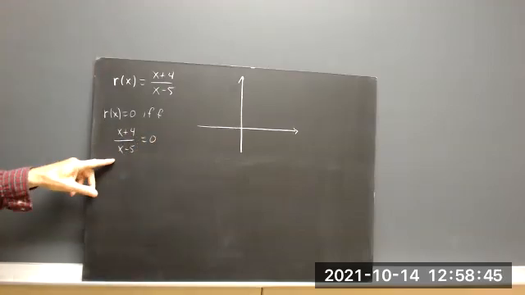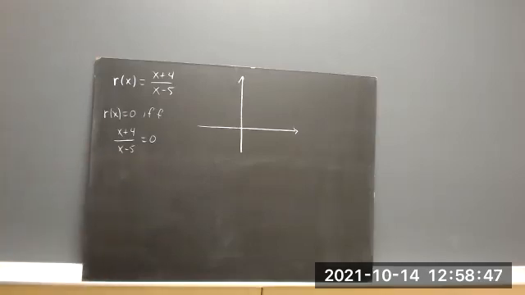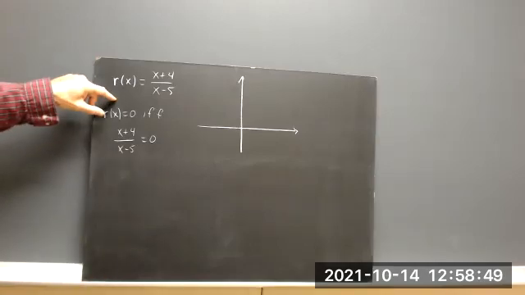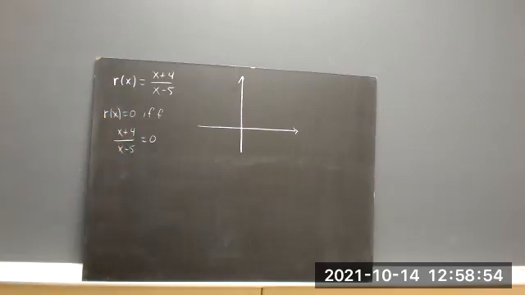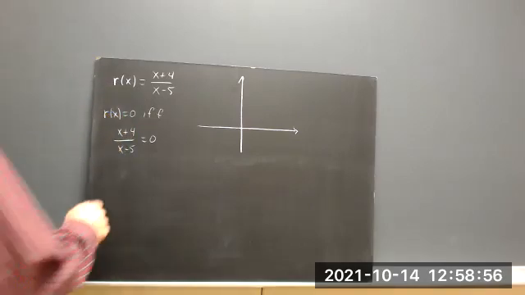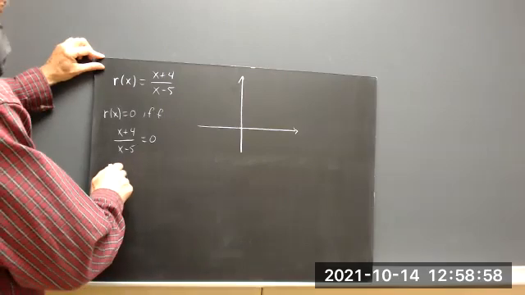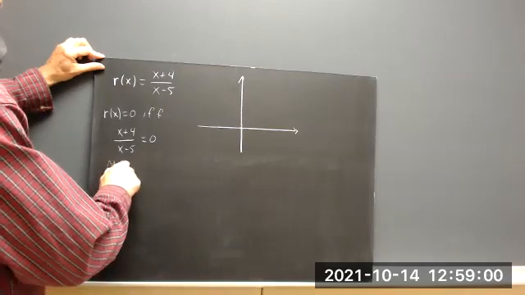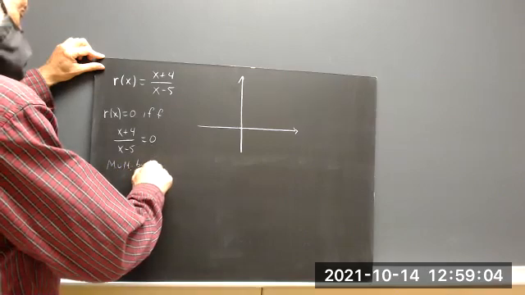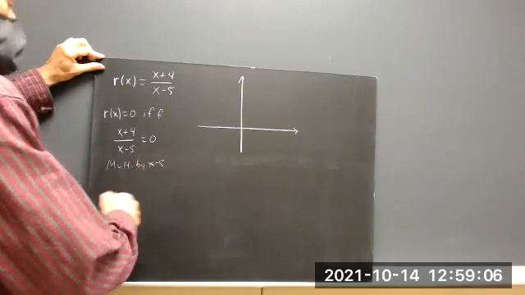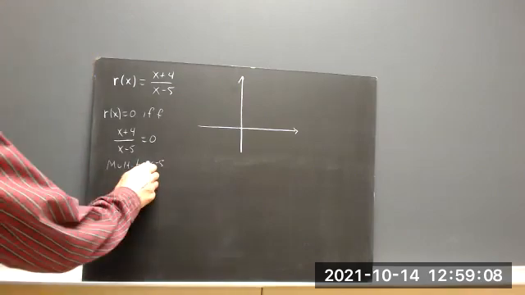Well, we can set the expression for r of x equal to 0. So we say r of x is 0 if and only if x plus 4 over x minus 5 is 0. Multiply both sides by x minus 5.